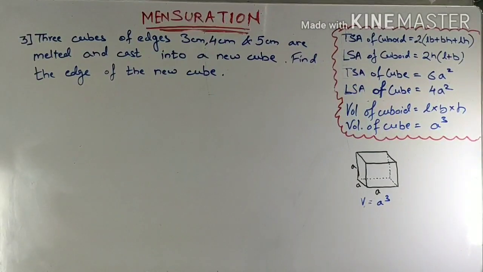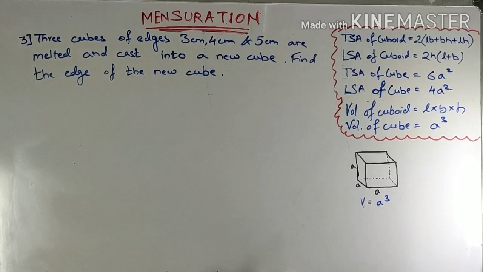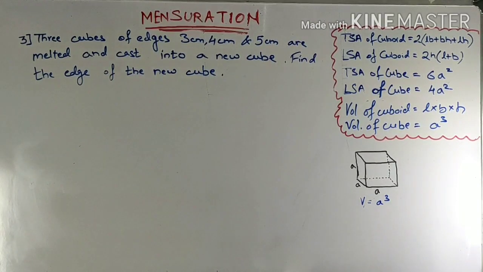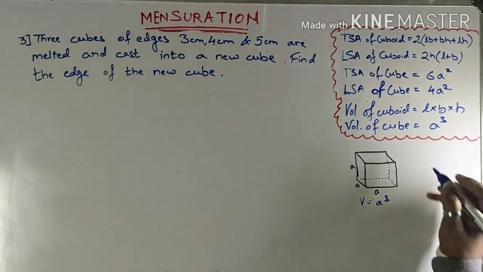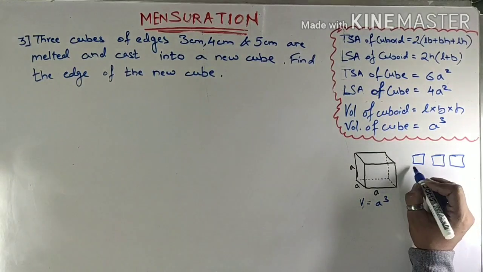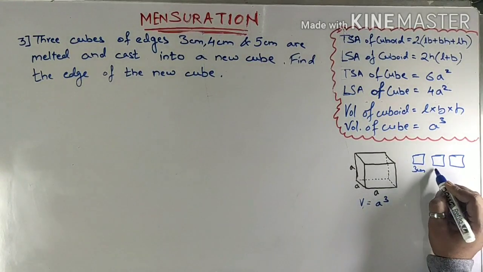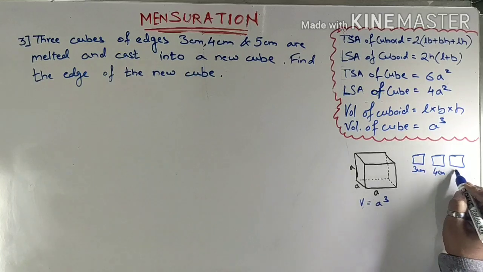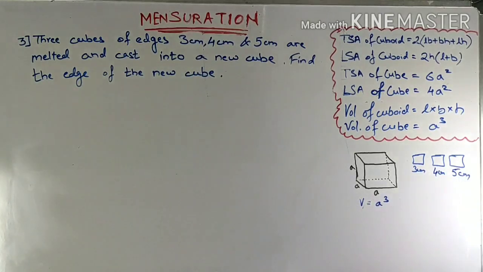So the third question: 3 cubes of edges 3 centimeter, 4 centimeter and 5 centimeter are melted and cast into a new cube. That means there are 3 cubes of edges 3 centimeter, 4 centimeter and 5 centimeter.